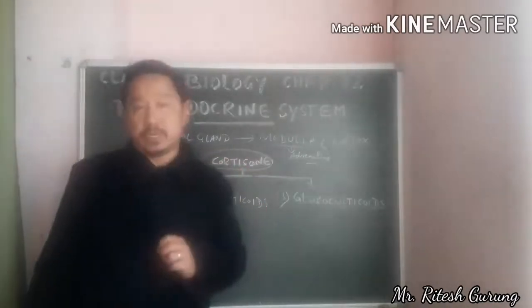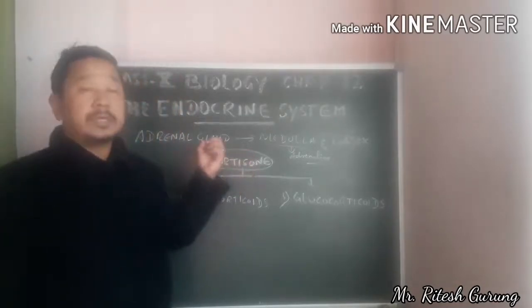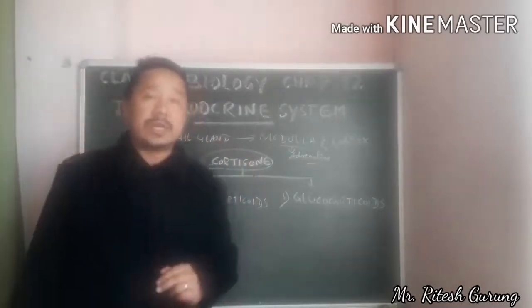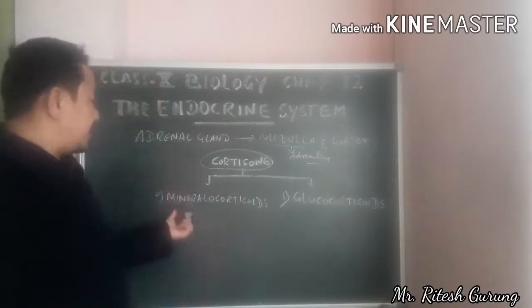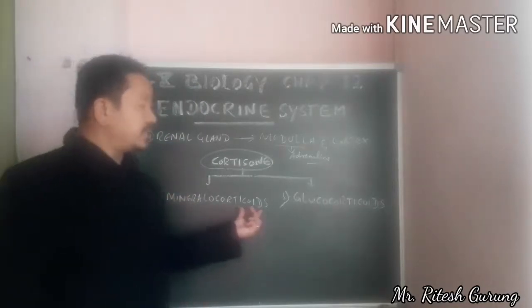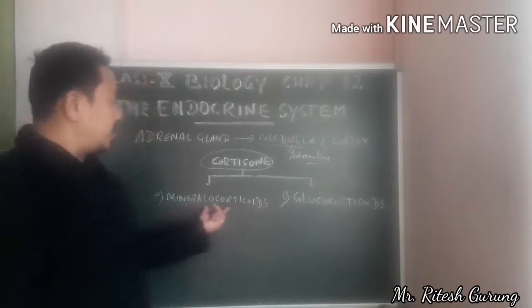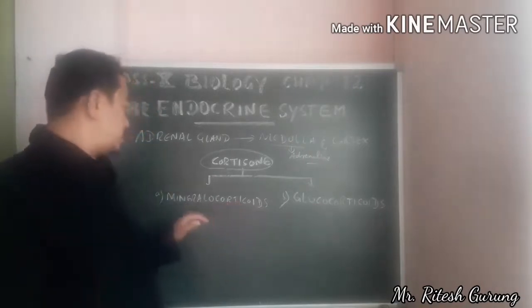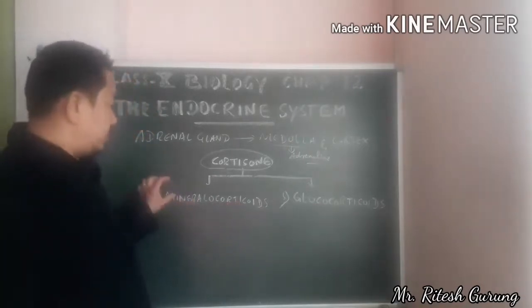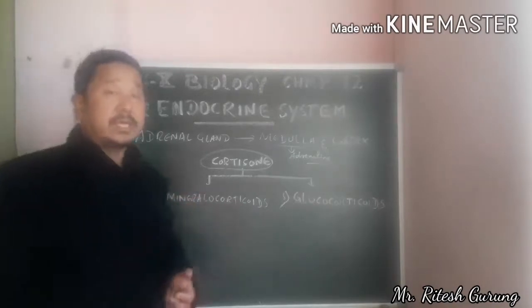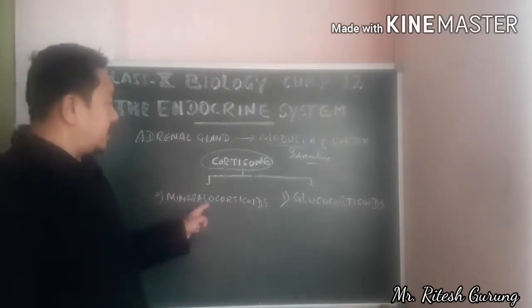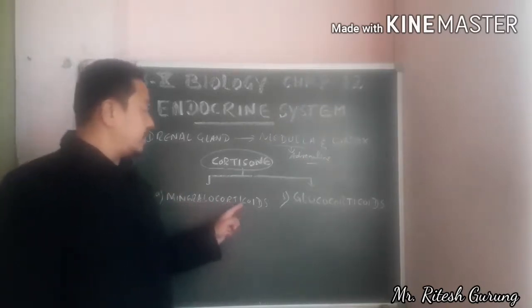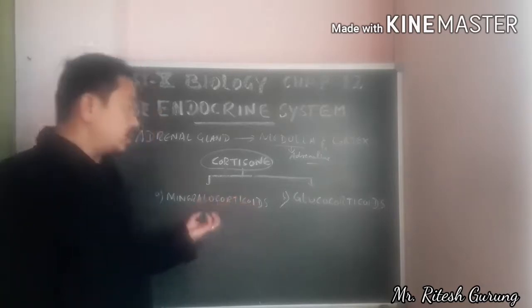Cortisol, C-O-R-T-I-S-O-N-E, is further categorized into two groups. They are mineralocorticoids, please see the book, its pronunciation is a little bit difficult, and spelling too.